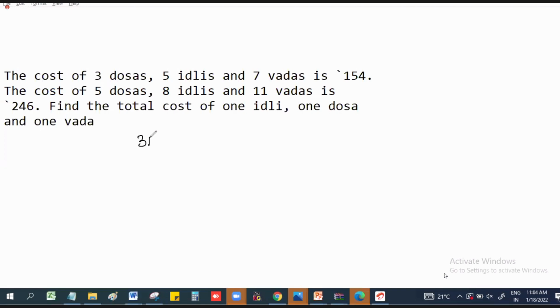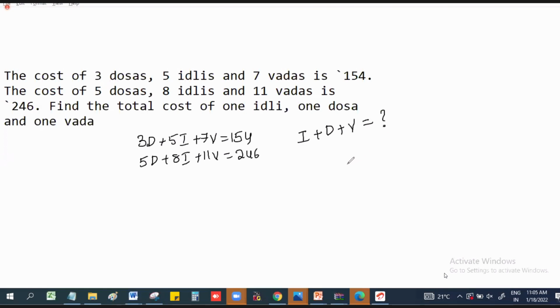The cost of 5 dosa, 8 idli and 11 vada is 246 rupees. Now I want the cost of idli, the cost of dosa and the cost of vada.